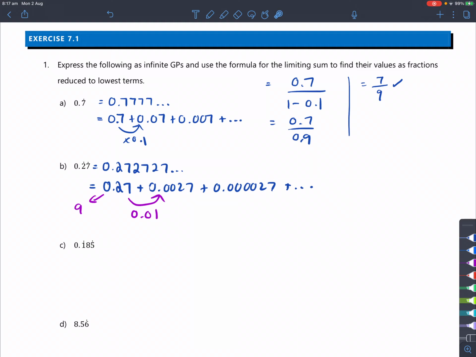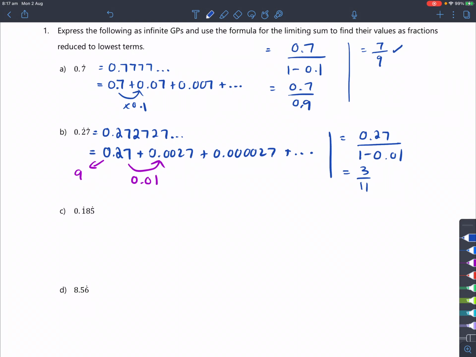So we're going to use our limiting sum formula, and we're going to again say that this is going to be 0.27 over 1 minus 0.01. Okay, and that would get us, double check, three out of 11.